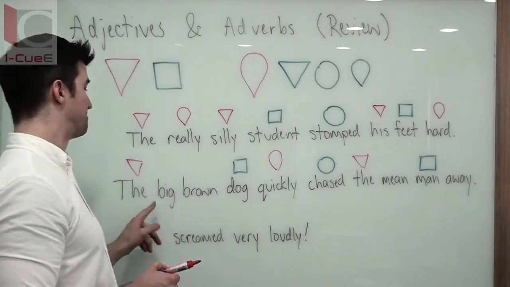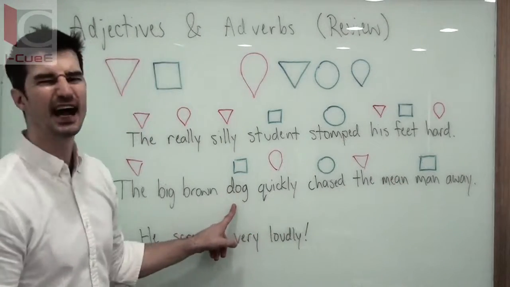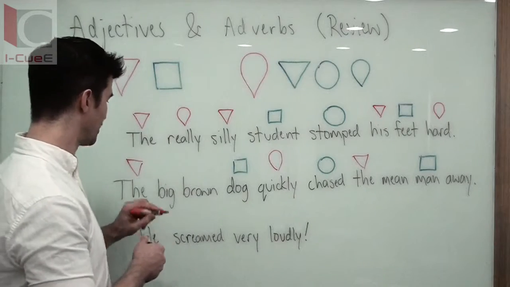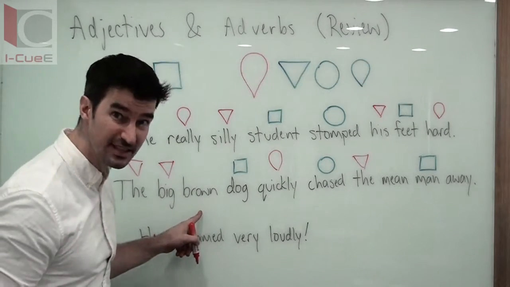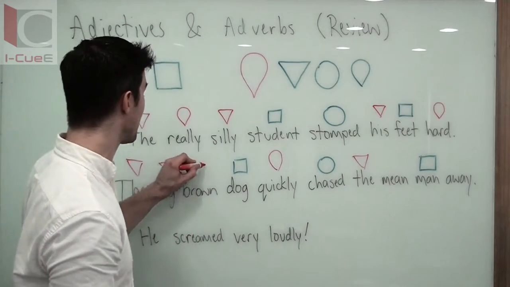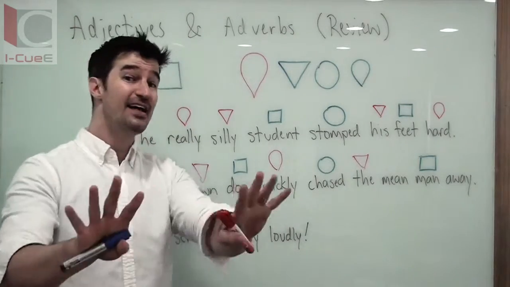Now, the big brown dog quickly chased the mean man away. What kind of dog is it? Is it a big dog? Sure. Is it a big brown? Does that make sense? No. The dog is also brown. Here we have 2, actually 3 adjectives all in a row. And this is important.